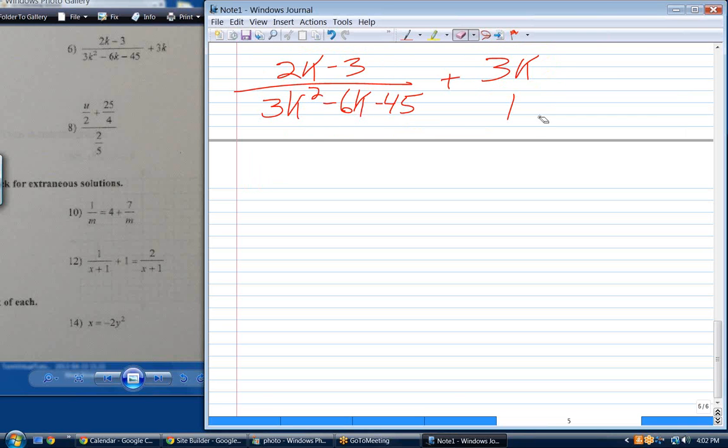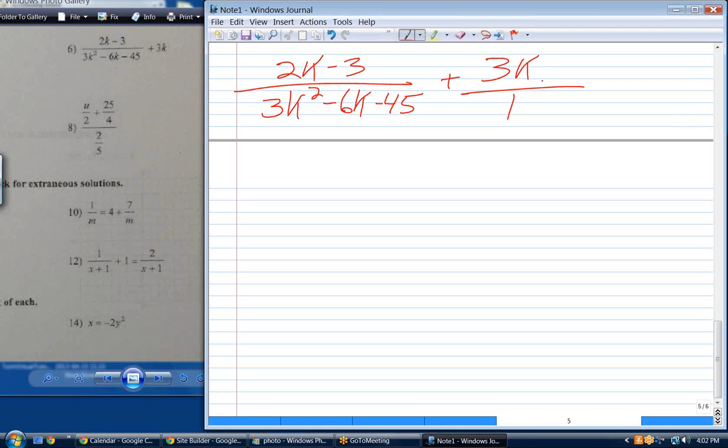I'm just going to go ahead and operate as if we have another fraction over here. What's our new common denominator? 3k squared minus 6k minus 45. Right. So I want that to be over here.